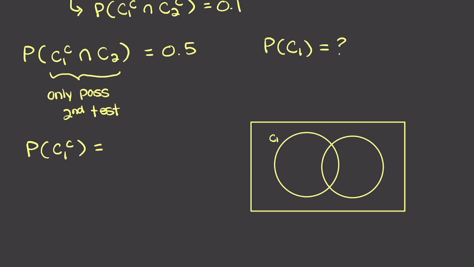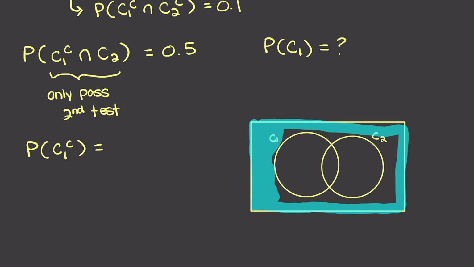Here we have C1, here we have C2. And now the question is, what is the probability of not C1? So what is not C1? Not C1 is all of this, so it's this whole area.